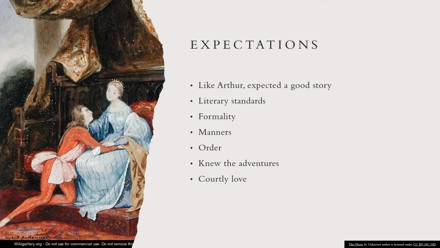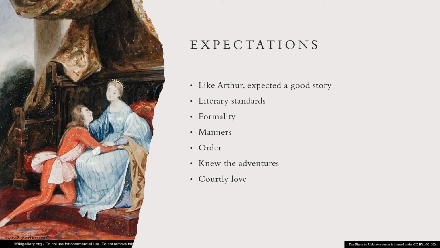So the expectations of the audience, they are expecting a good story, just like Arthur. They have high literary standards because these sorts of stories, romances, this is a romance, an Arthurian romance, are moving around Europe.